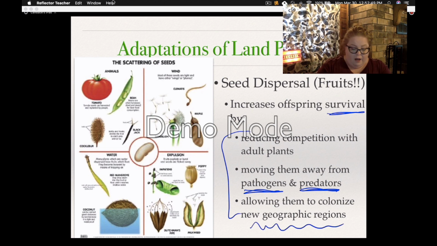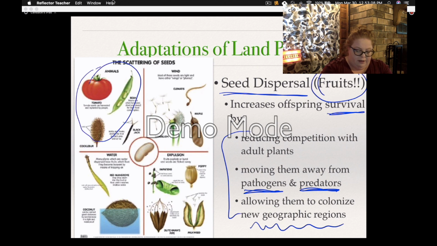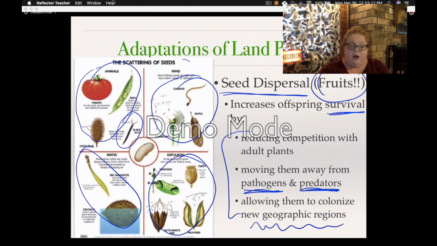Now, when we think of seed dispersal, the key thing here is fruits. The structure that allows the seed to be dispersed is the fruit. All of these are fruits.